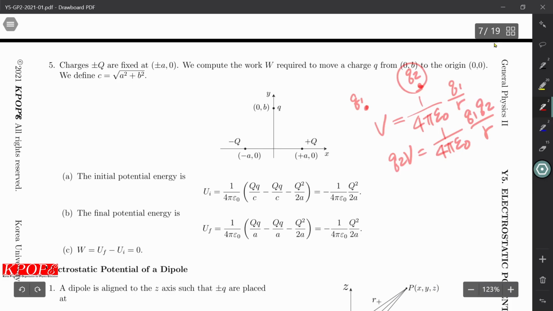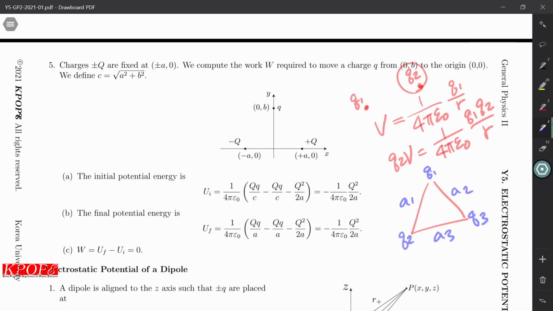What happens if I have many charges? R1, R2, R3. It's better to use A1, A2, A3, with charges Q1, Q2, Q3.